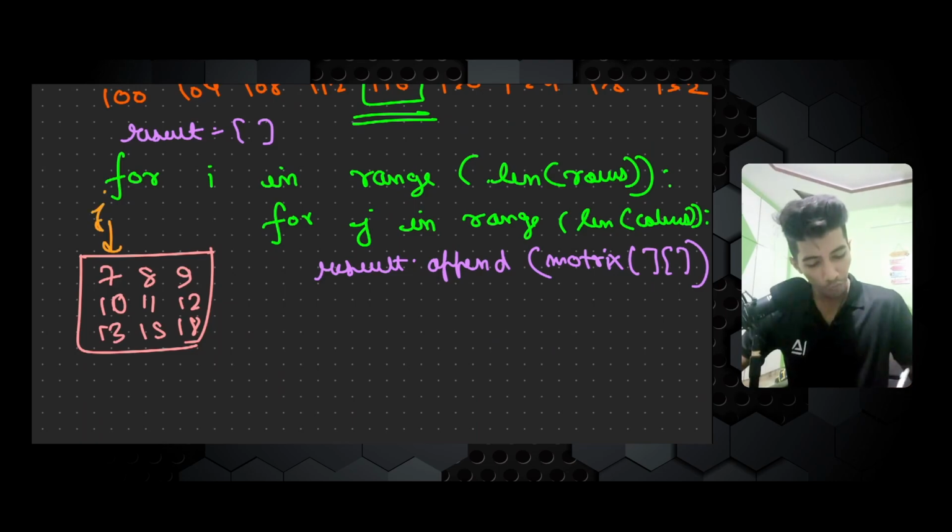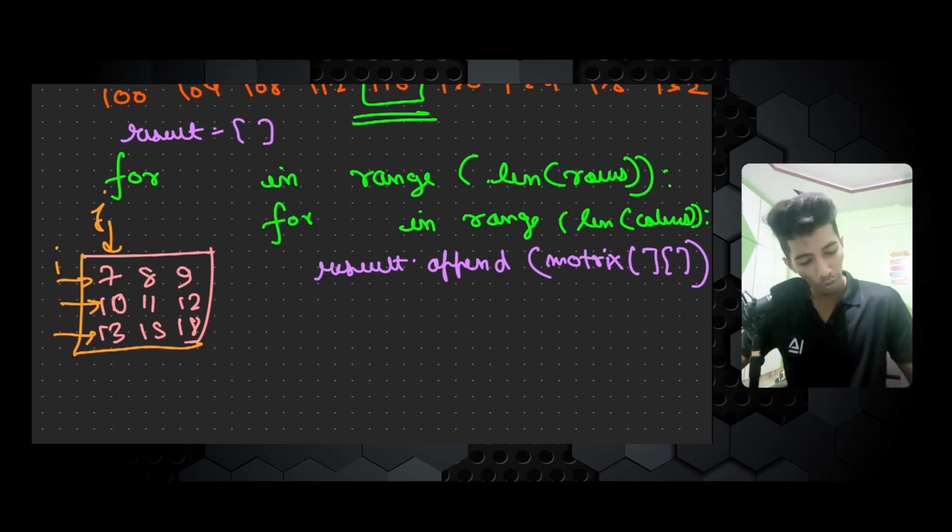First we're going to fix the j, and we will just use the i for the traversal. Now j is fixed. You are noticing this, j is fixed. You can also write j over here so that you understand it.